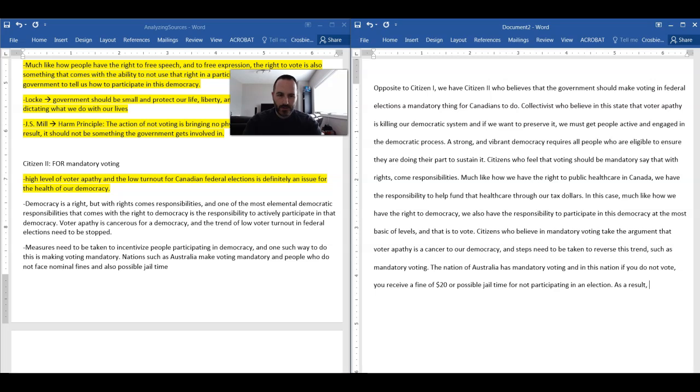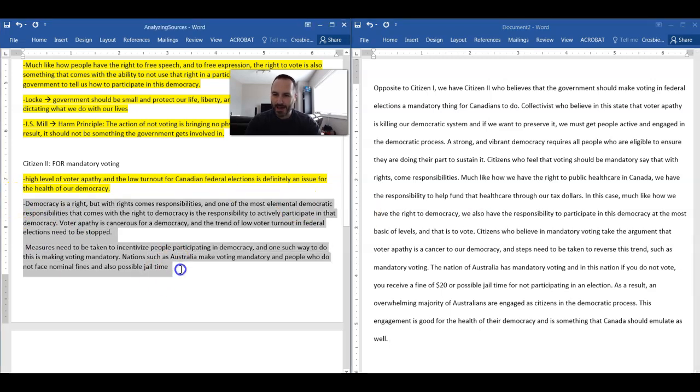As a result, an overwhelming majority of Australians are engaged as citizens in the democratic process. Boom. This engagement is good for the health of their democracy and is something that Canada should emulate as well. Boom!